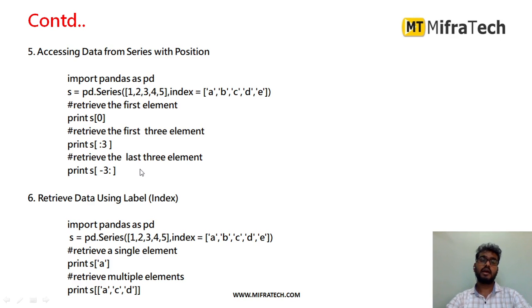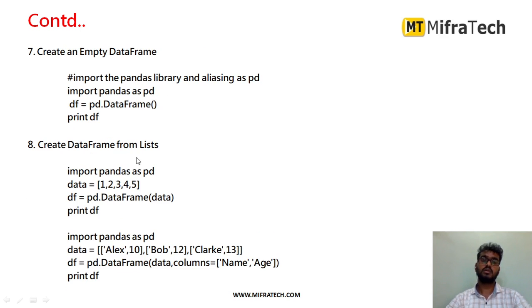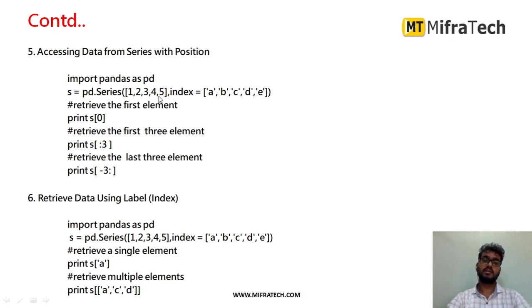When we have to retrieve the last 3 elements, we should use minus 3. As I told, the minus indexing starts from the end, like minus 1, minus 2, minus 3, minus 4, minus 5. So it will give us minus 3, minus 2, minus 1, and the last 3 elements will be printed.